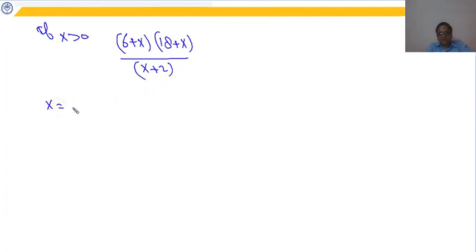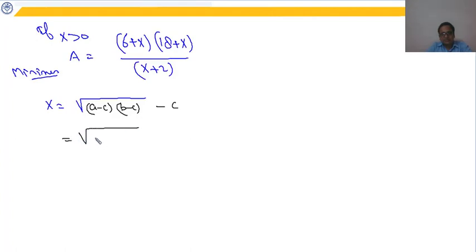So we find the value of x at which the minimum occurs. It occurs when x is equal to the square root of (a - c)(b - c), minus c.